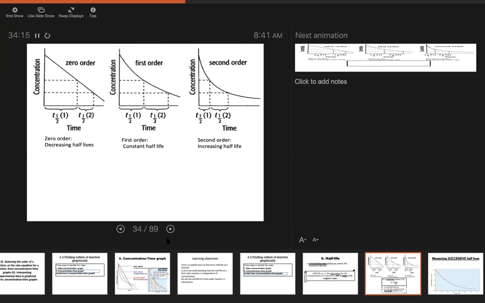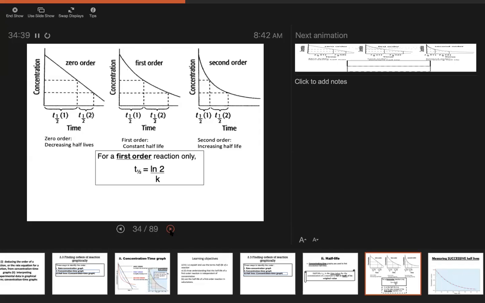Okay? Right, so I'll talk about this. For a first order reaction, there is a formula that you can use. Why is there a formula for first order only? Because the half-life of first order is constant. So there is a formula that you can use to calculate it. For zero order and second order, the half-life is changing.